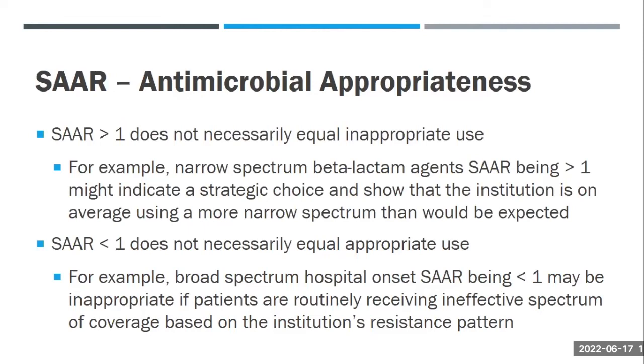So when looking at your CAP patients, let's say a severe CAP coming in, your population on average has higher risk factors and your antibiogram supports that. Having a SAAR less than 1 for that grouping may not be a good thing and may lead to undertreating your patients. So it's important to keep in mind that in general with antimicrobial stewardship, less is not always better. We want to make sure that we're optimizing use, not just reducing it.